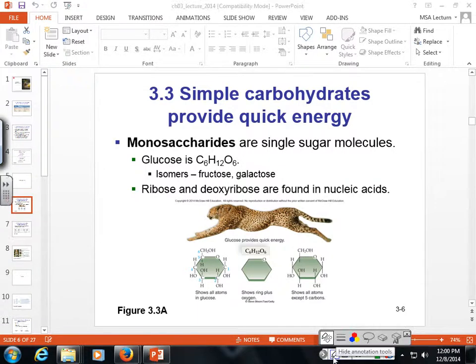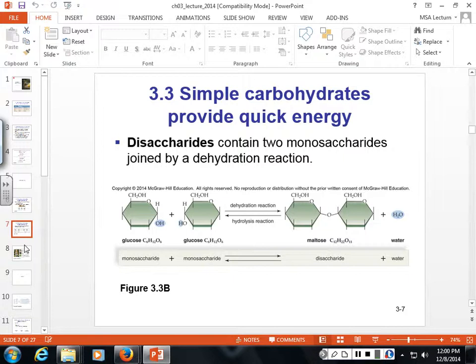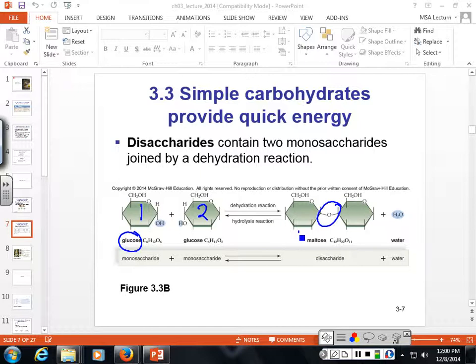If we wanted to put them together, we could link them together. So here is one sugar, and they're showing you the dehydration hydrolysis reaction. So here's one glucose plus another glucose, and we're going to link them together to have something called a disaccharide, or when we take 2 monosaccharides and put them together, we call it a disaccharide.